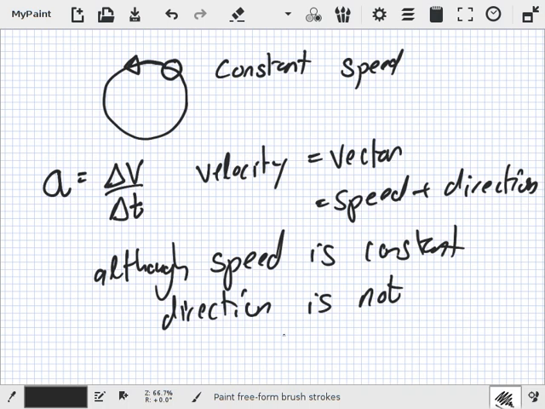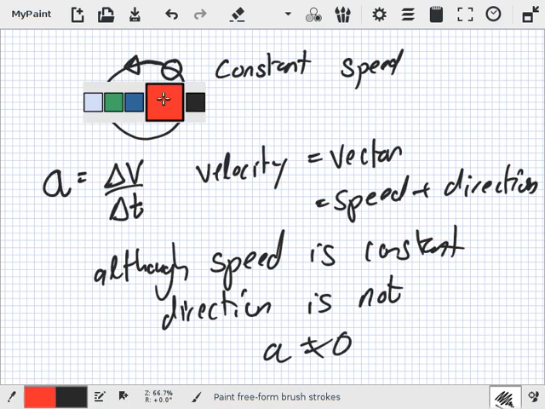So, that means the acceleration is not 0, because acceleration is changing velocity, and the velocity is changing because the direction is changing. Even though the speed's not, we still say it's accelerating because this velocity vector keeps changing. It's usually the speed that changes, and we say it accelerates.